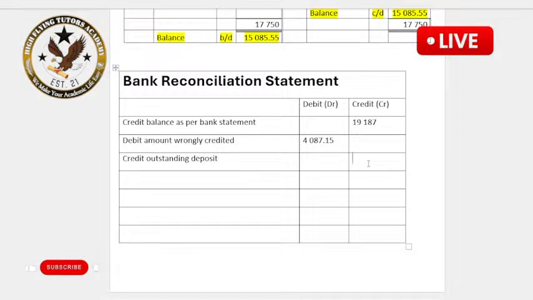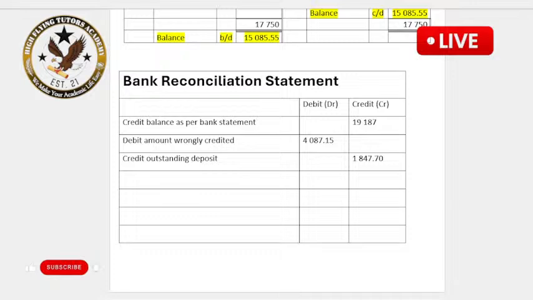So we need to tell the bank to make sure that they credit that into their bank statement. And then it's 1,847 and 70 cents, right? So that must be corrected. And then we are done with that one. So let's go to the next question there.